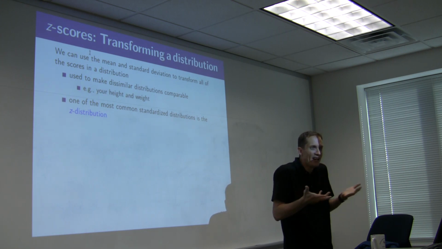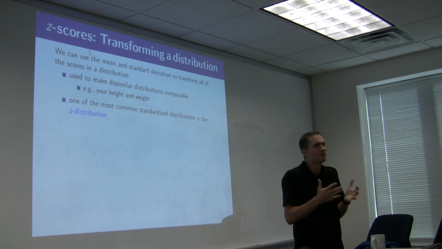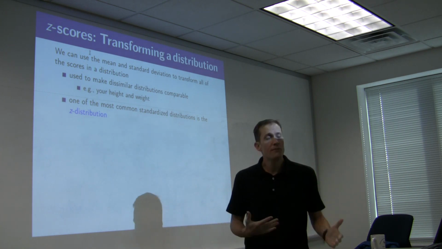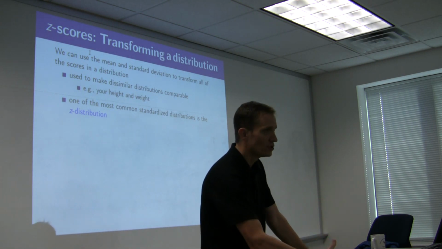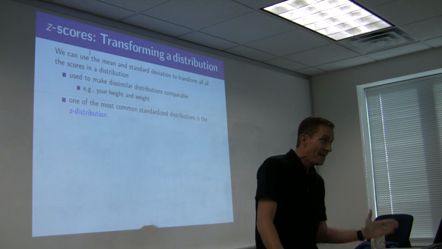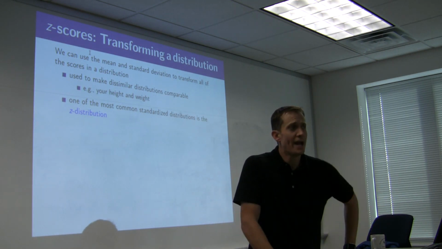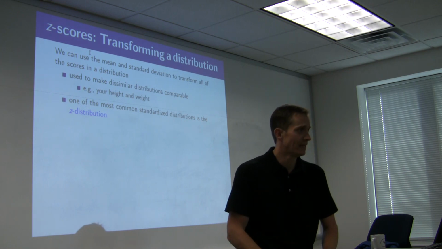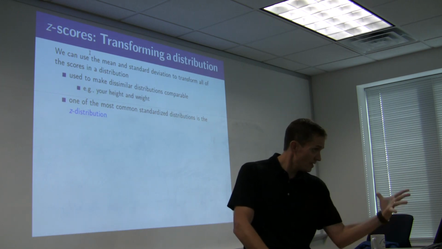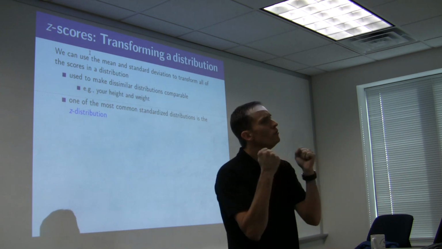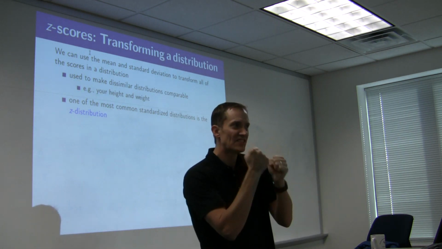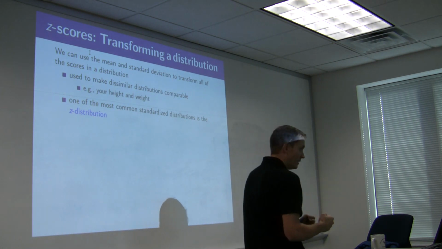What does that mean, right? You can't really compare those. That's a meaningless comparison. But if you were able to convert your height to a z-score and your weight to a z-score, then you can say, well, the z-score for my height is this, which means something, and the z-score for my weight is this, which means something. And those two numbers are now on the same scale and can be compared.